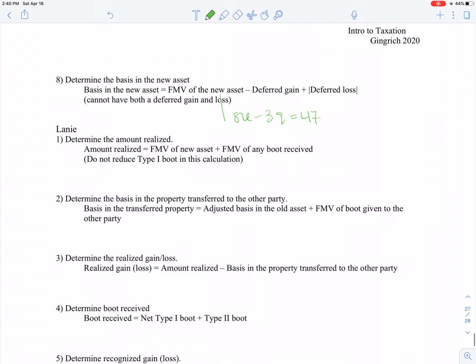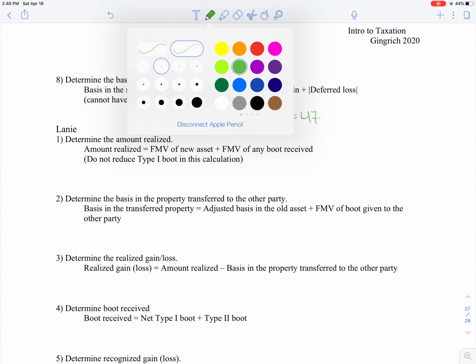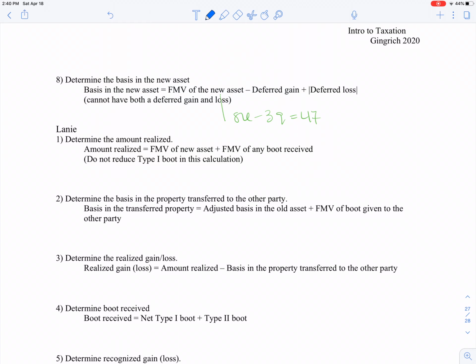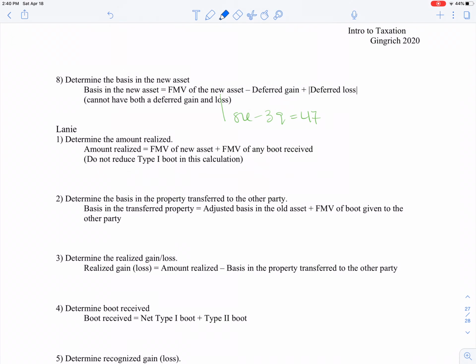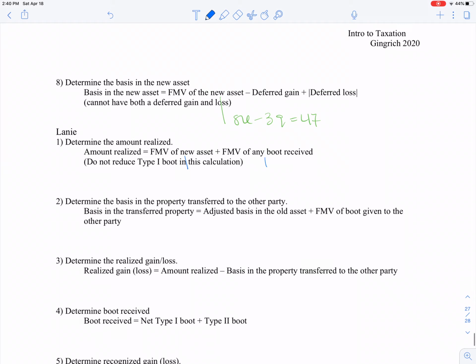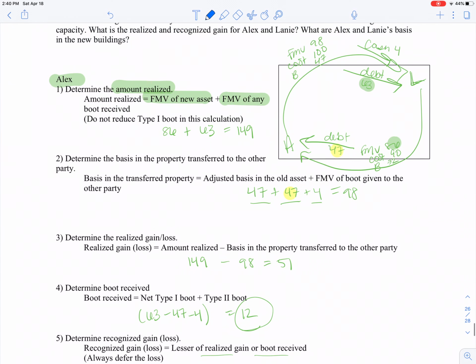All right, if we take a look at this from Laney's perspective, I'm going to switch over to blue to look at it from Laney's perspective. The amount realized is the fair market value of the new asset plus the fair market value of any boot received. So for her, the fair market value of the new asset is the 98 plus the fair market value of any boot received.